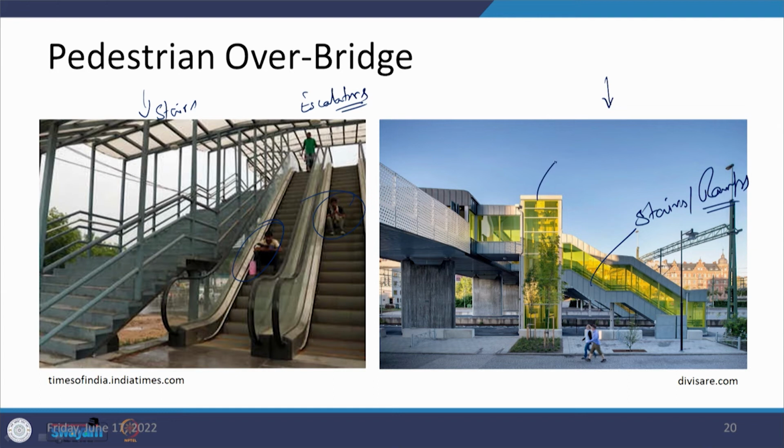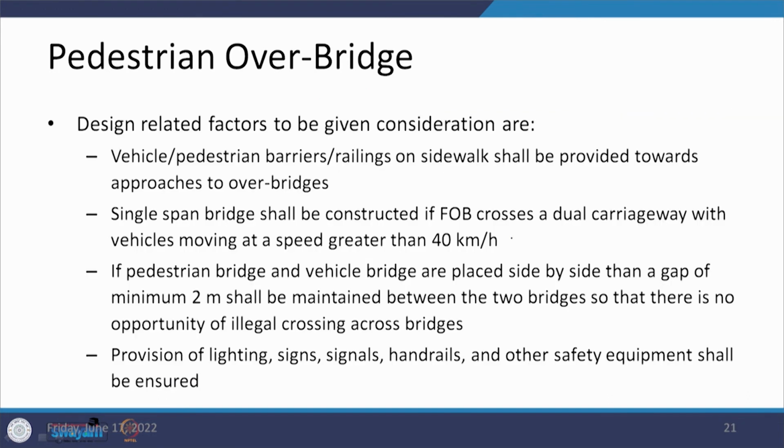At the same time there is an elevator. This elevator has access from this side and is provided with transparent material, and this is the connecting bay for this movement. So, this is how it is going to be provided.